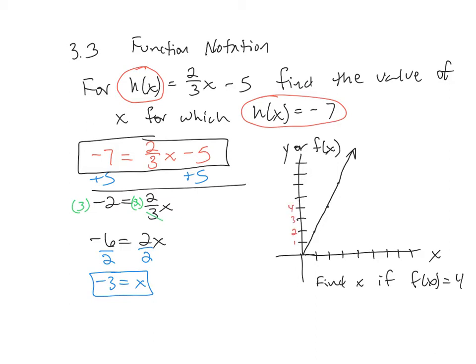Okay, so right there f of x is 4, and then you're just going to go over to the graph and then say, well, like, what's the x part? Oh, the x part is 2. That's it.